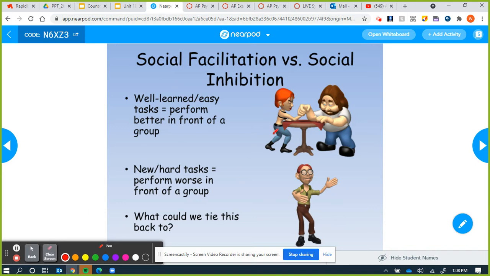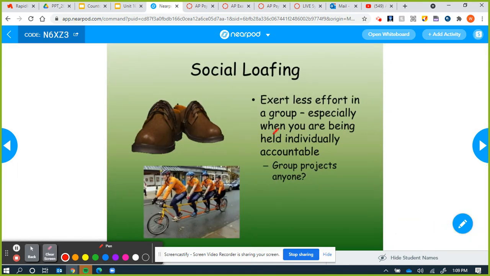All right, so now, who in here does not like group projects? Who in here? All right. Convi, don't. Okay, Emily, don't like. Anybody else not like group projects? Who in here really likes group projects?